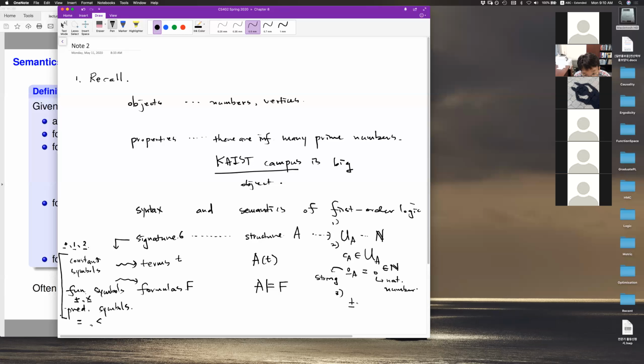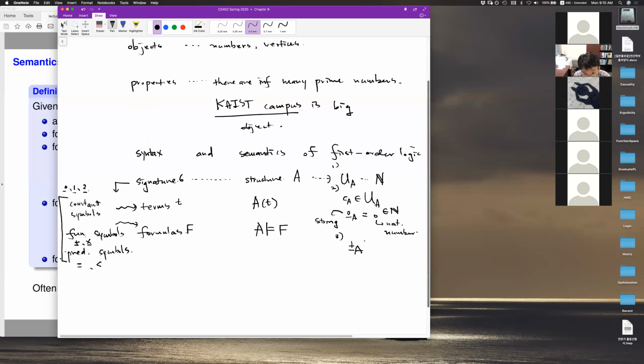Its meaning under structure A is going to be a mathematical function defined on this underlying universe. It's a map that takes two arguments in our underlying universe and returns something.